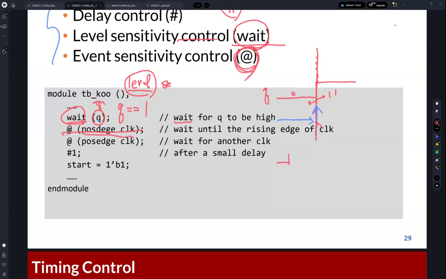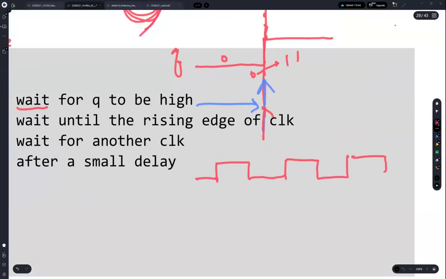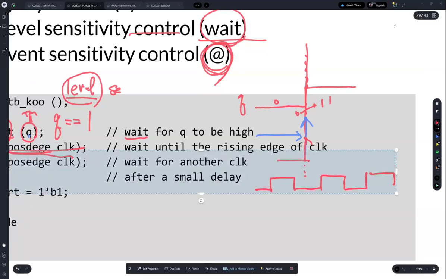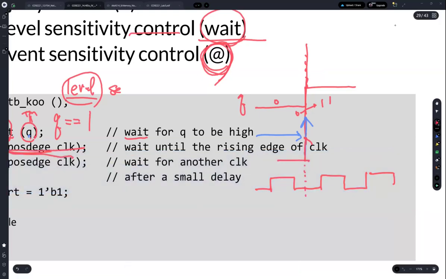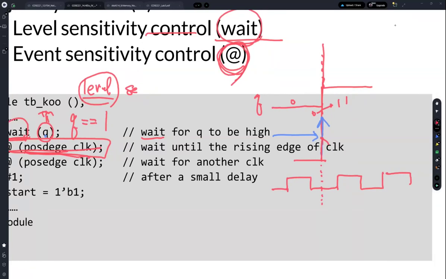The clock will change like this. So what is the condition? The condition is the positive edge of clock. The SystemVerilog flow will wait until this point, and then we check this condition. At positive edge of clock, what is the positive edge of clock after this time?